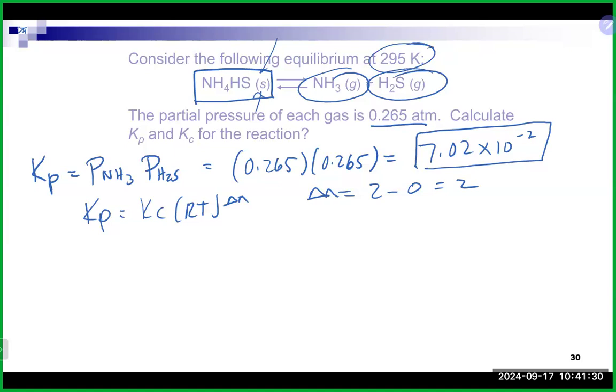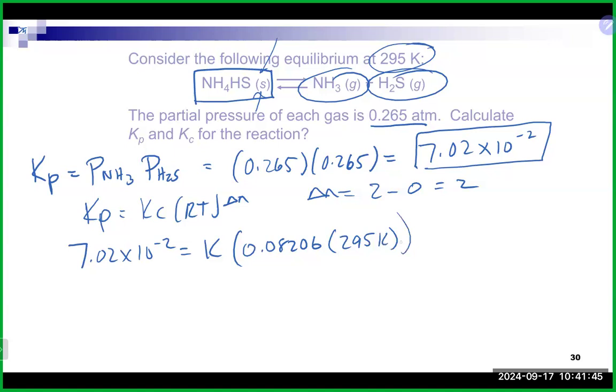So that means we have something like 7.02 times 10 to the minus 2 equals our Kc, our gas constant R value, and our temperature, which is already in Kelvin, and we have a 2.